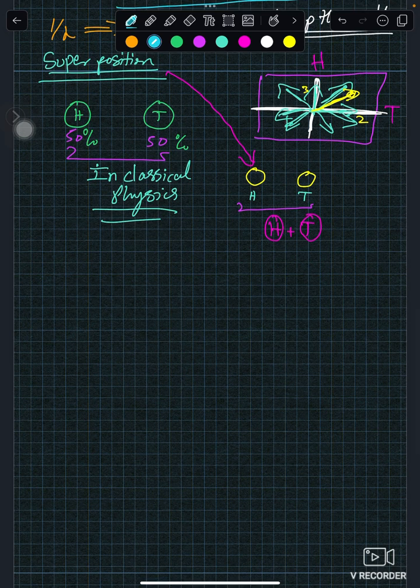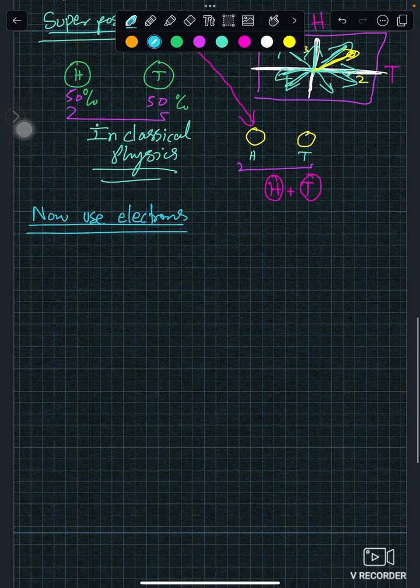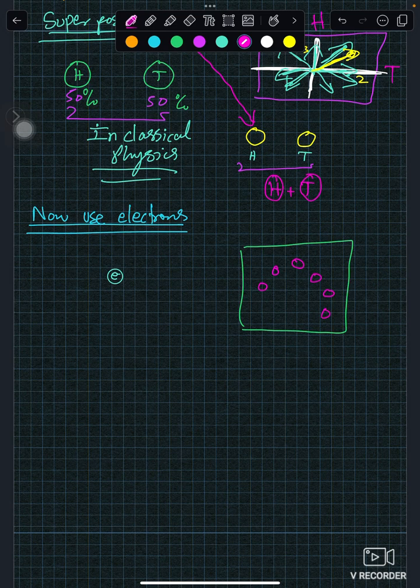So now let's use electrons. This is an electron, and its spinning means, suppose I have electron, electron, electron, electron.